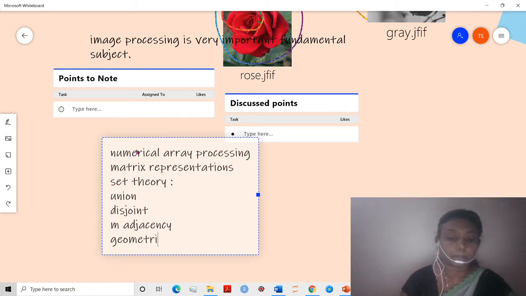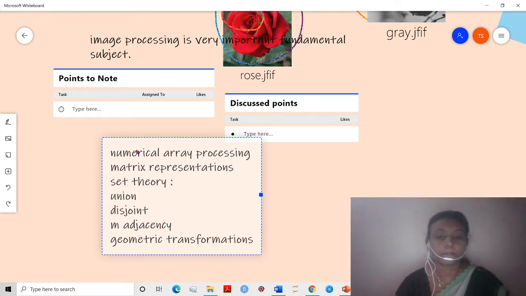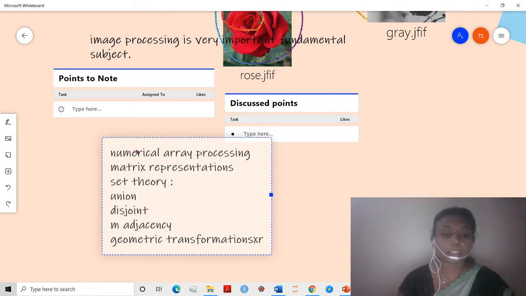geometric transformations, like the transform operation, very easy and simple. At the time I also explained those.